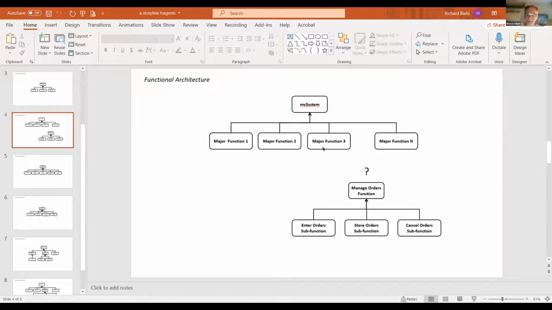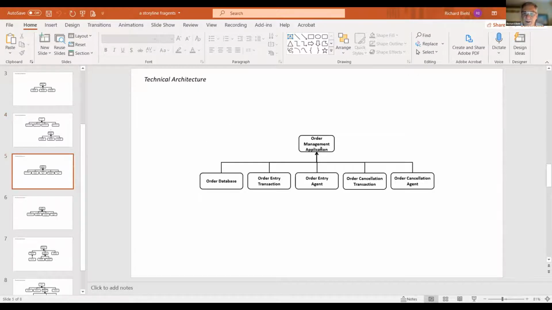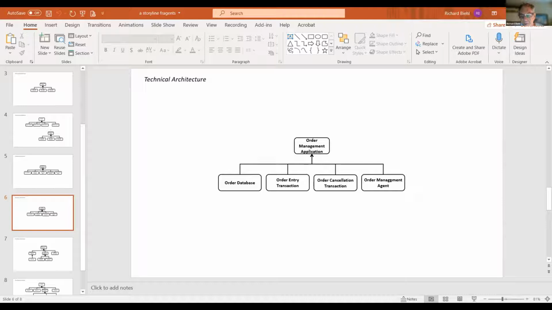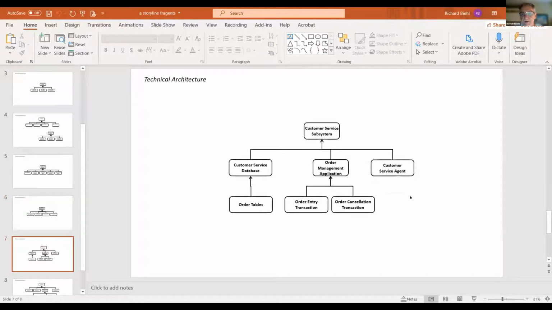If that's the case and order management isn't the end all, then instead of treating it as an order management agent, I can modify the architecture again to say, really, this is going to be part of the customer service subsystem. Order management app is part of the customer service subsystem. And at the level of the subsystem, I'm going to design a role for the customer service agent that could easily take orders and cancel orders, as well as a host of other things that might be needed within this subsystem.